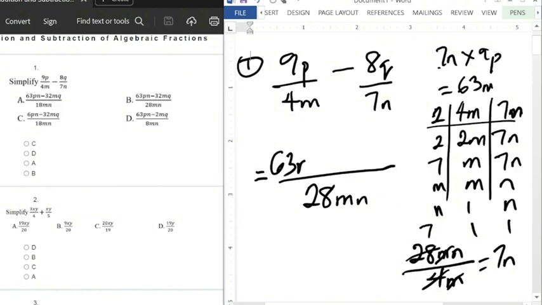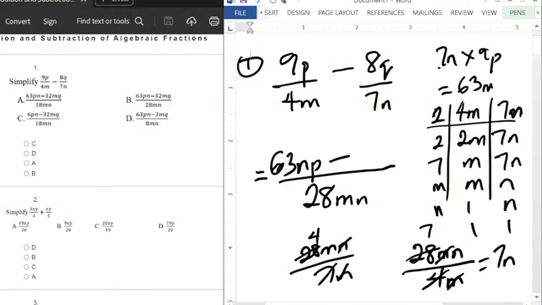So this will be 63np minus. So the same thing will be done to the second one. That's 28mn divided by what? 7n. n cancels n. 7 in 28 is 4m. That is 4m.